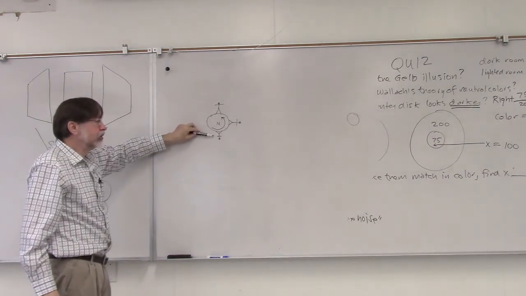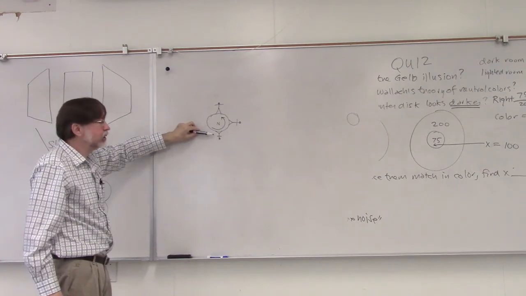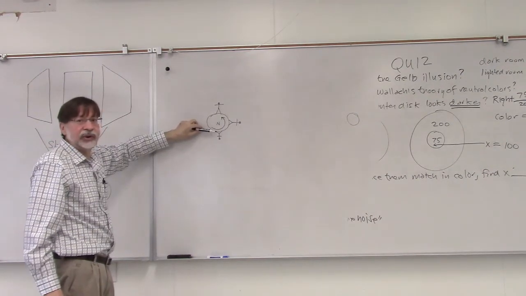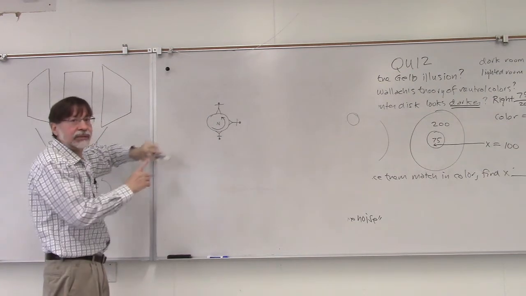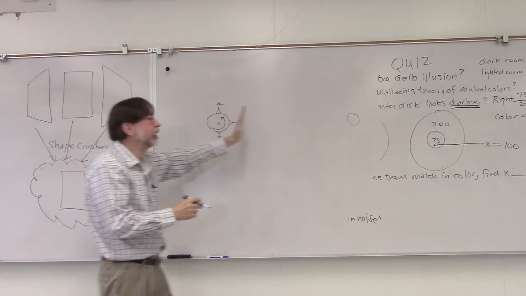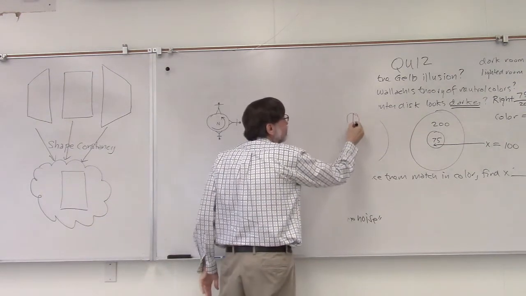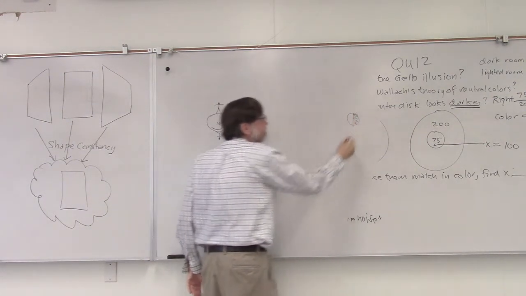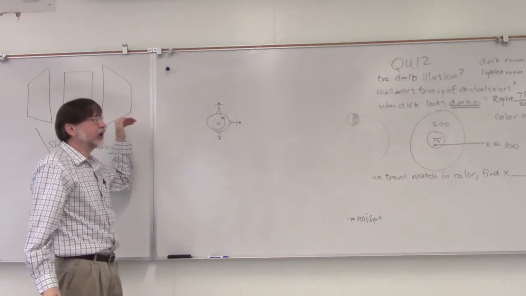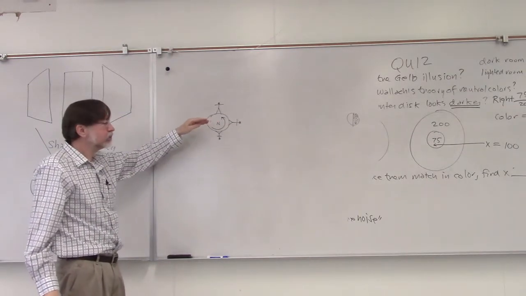So here it is on the night of a full moon. On the night of a full moon, where's the sun? If this is a full moon, it's over on this side, right? Because it's lighting it up. So here's the full moon lit up. So the sun is back over here, lighting it up.